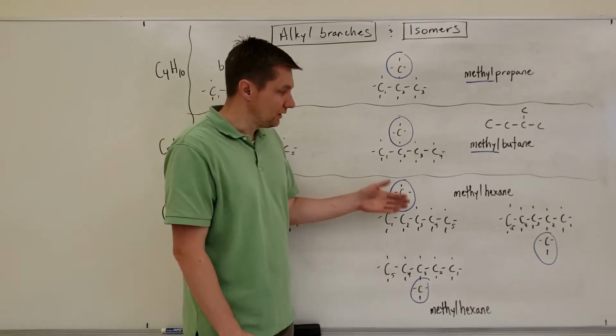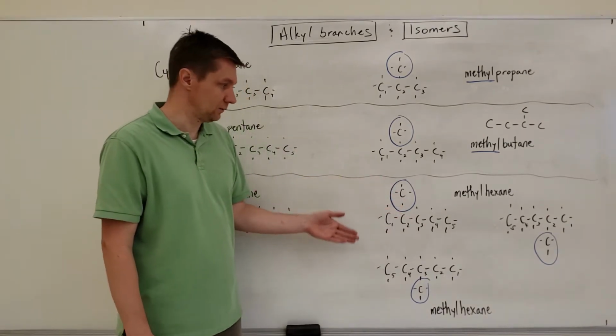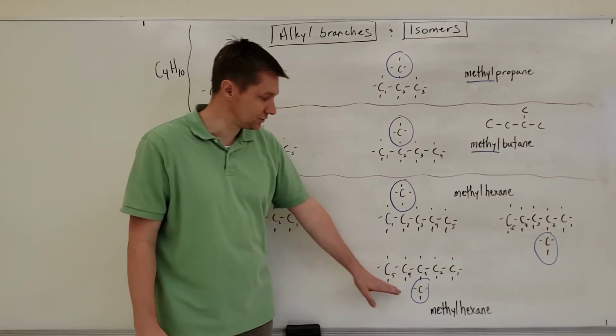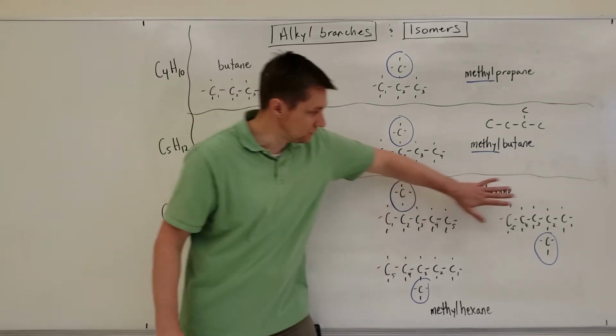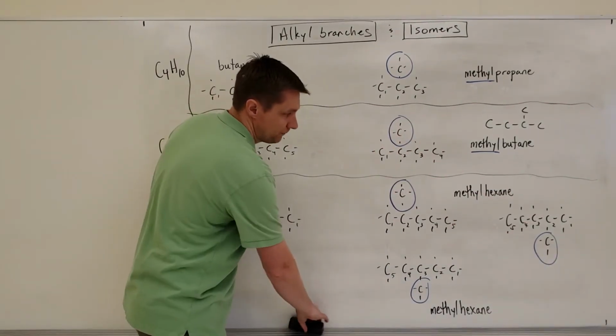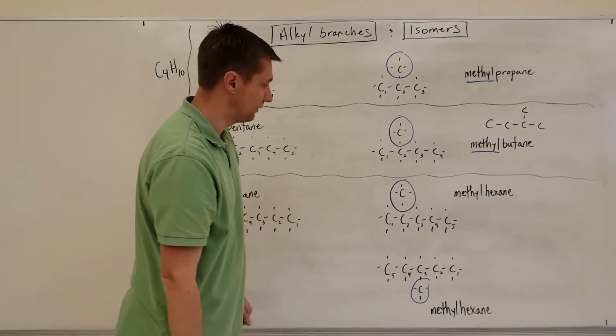So the thing we need to point out about this particular molecule is that we can have a methyl branch in a different location. And so, yes, these 2 molecules here are the same. So I can just get rid of this one. It's not super necessary to have that one there.